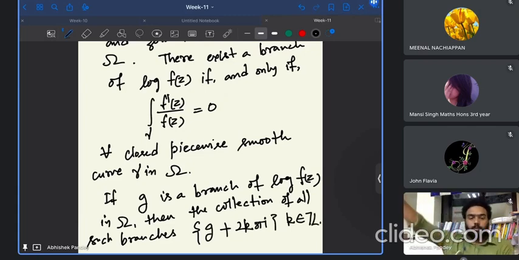So this will be the collection of all branches of log of f.